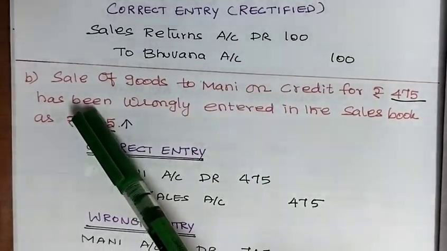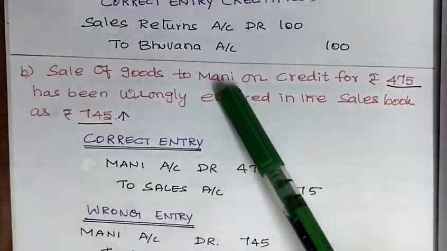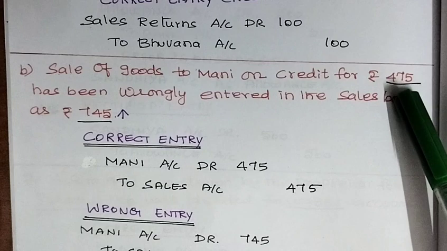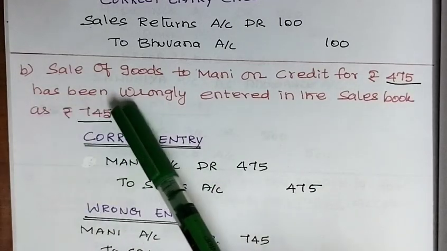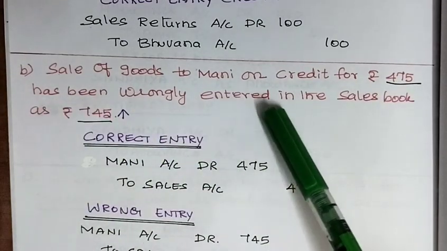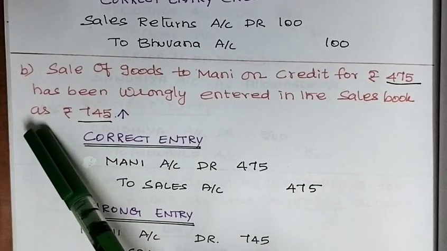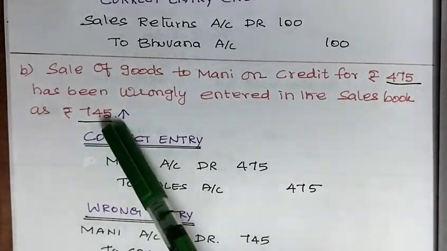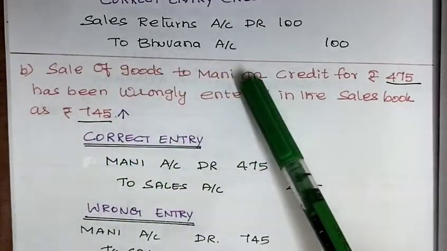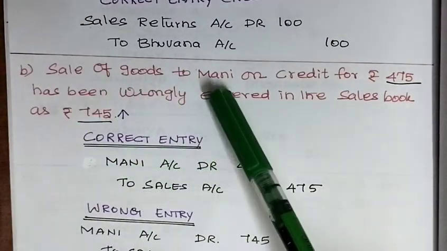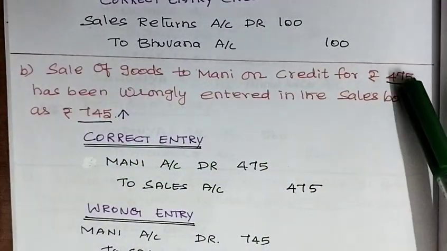The next transaction is: sale of goods to Money on credit for ₹475 has been wrongly entered in the sales book as ₹745. What does this transaction tell us? Listen, sale of goods to Money on credit ₹475.